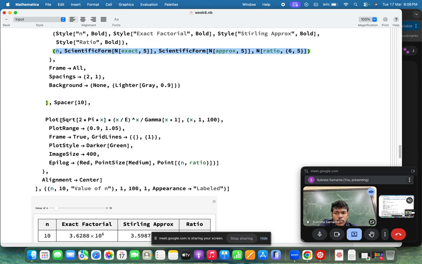This plot is for all x from 1 to 100, but I put an epilog, which basically adds extra graphics to the plot, that is red points. I add a point where the number is on this plot for n equals 10, because I chose n equals 10 here. That indicates where your number is on that plot.